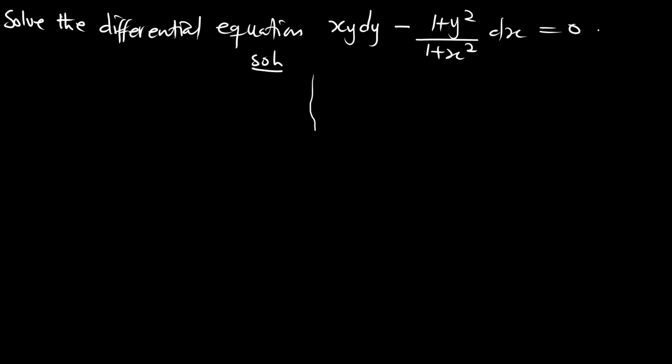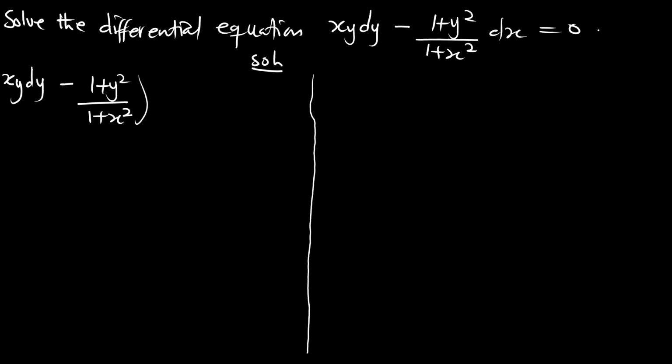So what can we do? We have to first rewrite our equation again, and this is our equation: xy dy minus (1 + y squared) over (1 + x squared) dx is equal to 0.